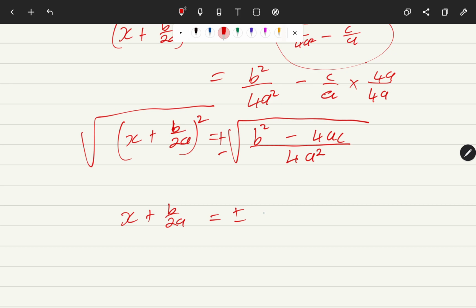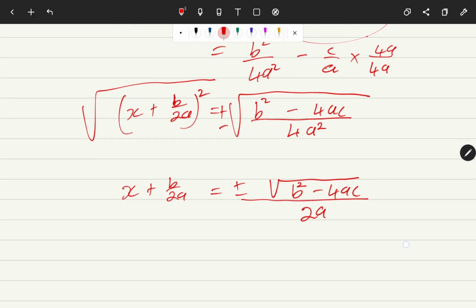I have b squared minus 4ac divided by the square root of 4a squared, which is just gonna be 2a, right? So I'm just gonna write 2a instead. At least now you know where the 2a is coming from.